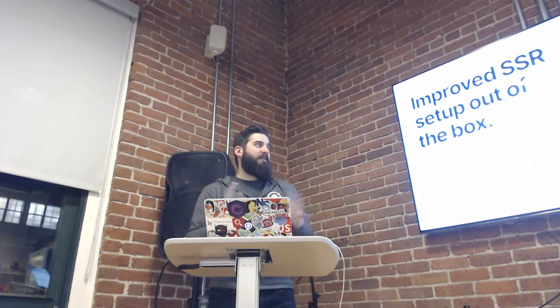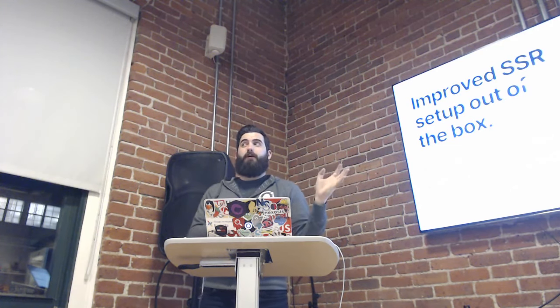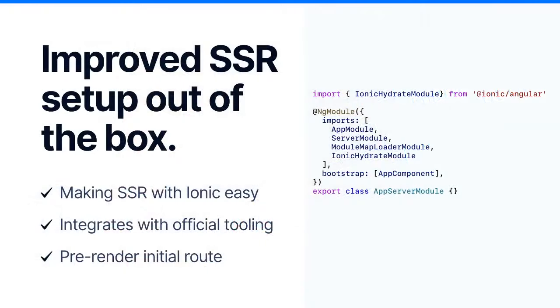So all of this just integrates with Angular official tooling, and that goes along the line of integrate with what Angular is doing, do what Angular does. Like, what would Angular do in this situation? And the Hydrate module for Ionic is a good step forward with this.